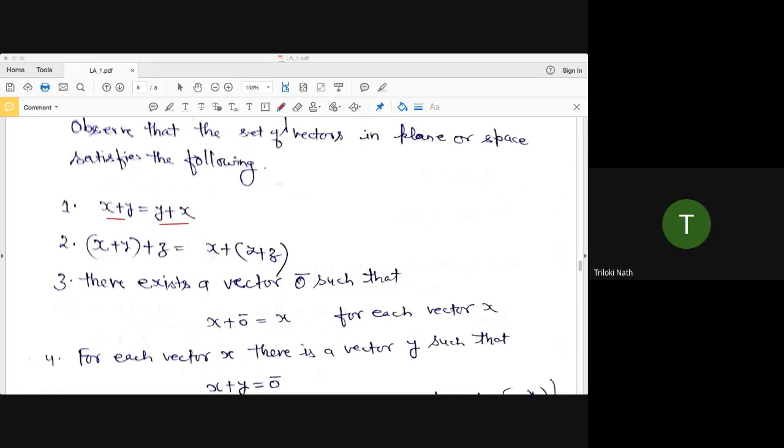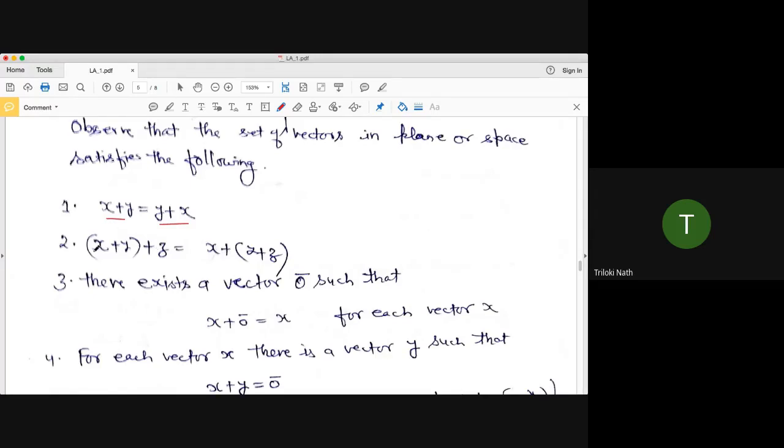Another one is, if you add x and y, x plus y, and then you add z, then (x plus y) plus z is the same as x plus (y plus z).